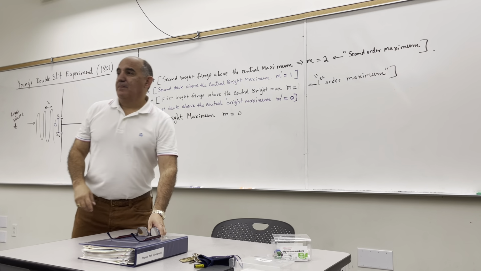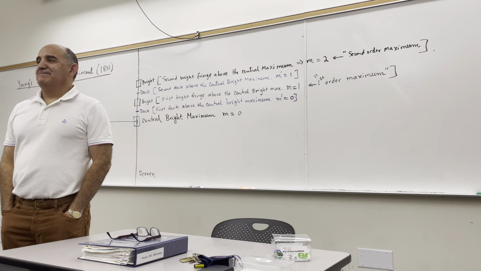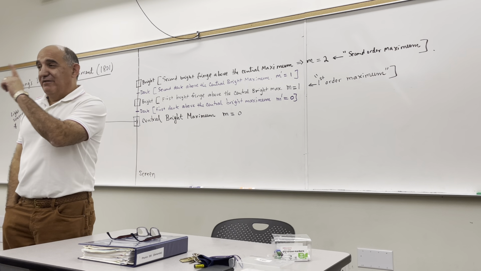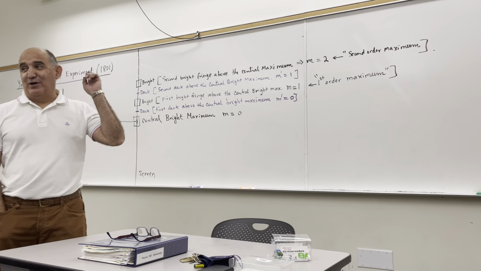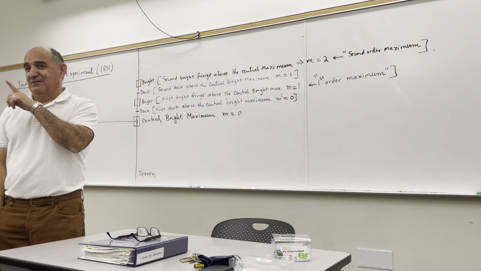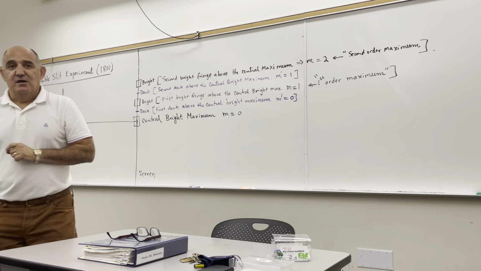Are those the only ones? Are the dark spots called first order or something like that? One has to be very careful, and that's one reason why I'm writing this. You're beginning to notice something that you have to be careful about.